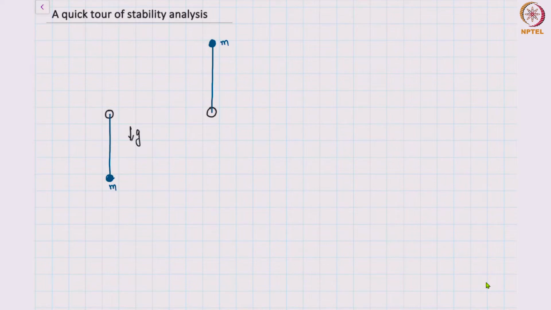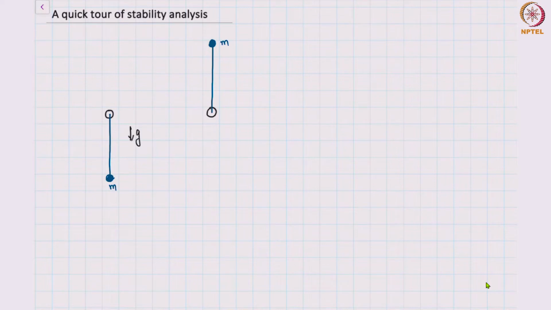But we do know from experience that in the second case, the inverted pendulum case, any tiny amount of disturbance is going to make the pendulum fall. Now, in which direction is it going to fall? That depends on what perturbation or disturbance has been given to the system. So any tiny amount of jerk that you give, the pendulum will either fall in the clockwise motion or take an anti-clockwise motion, and it will approach the first state.